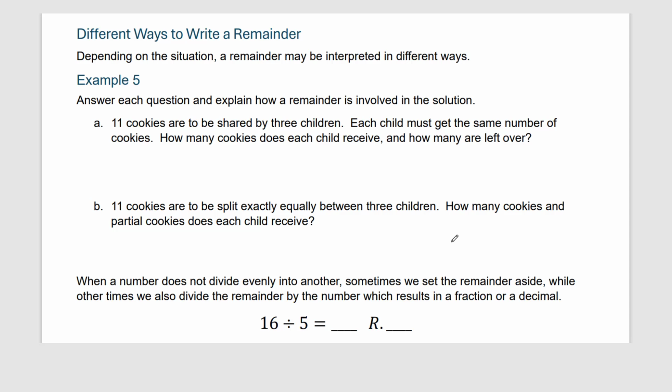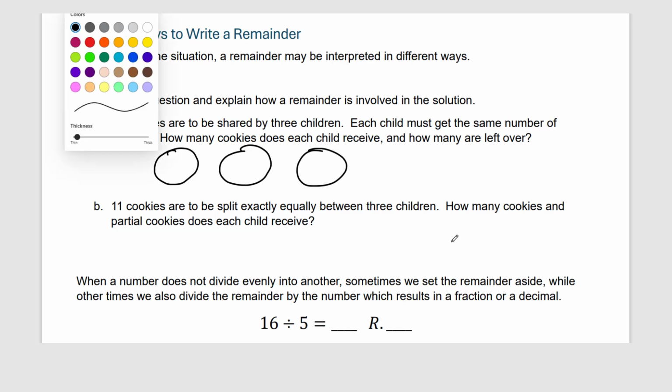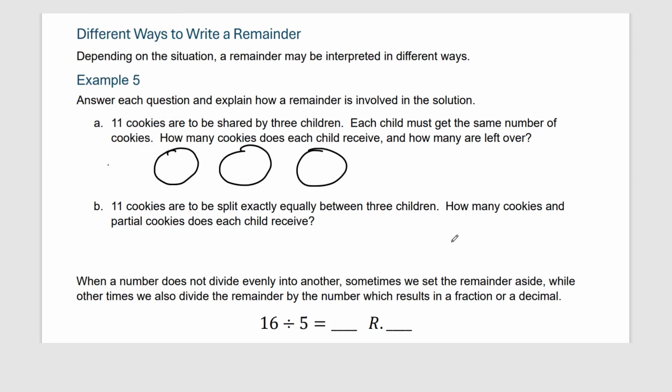Okay, so let's say this is the plate. We're going to draw some plates for our 3 children. We have 11 cookies. So I'm going to put a circle on each plate for each cookie and count them. So I have 1, 2, 3, 4, 5, 6, 7, 8, 9.